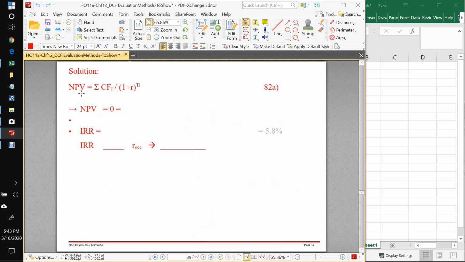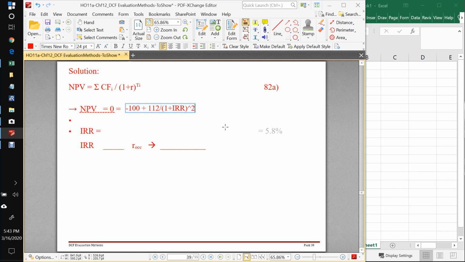We're going to do the same thing here. We've got the NPV equation, and for the IRR method, we always want to set the NPV to 0. So that's going to be minus 100 plus 112 over 1 plus IRR, now raised to the 2.